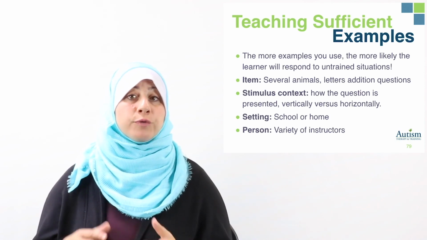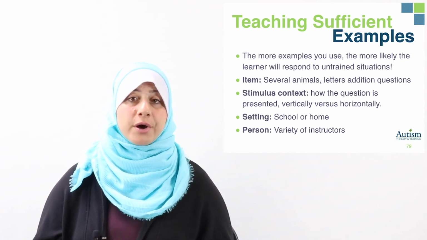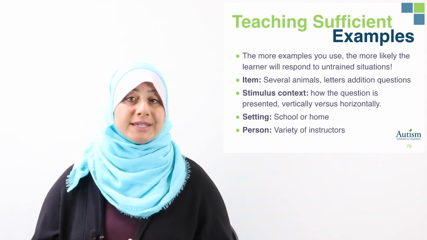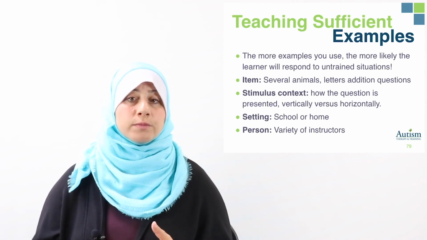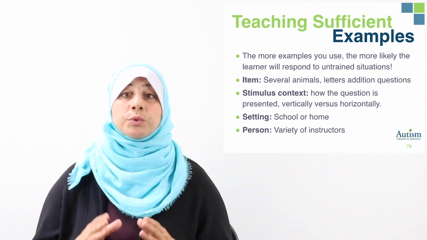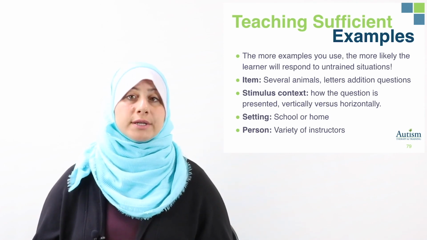But when you ask to find the dog, they can't respond. Setting. You want to vary the setting in where you teach. Teach at school, home, table, floor. If you only teach in one location, you will not get the generalization you want.